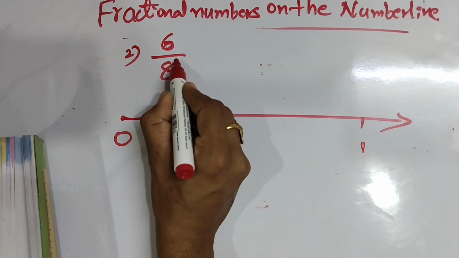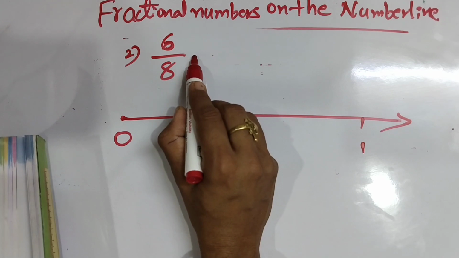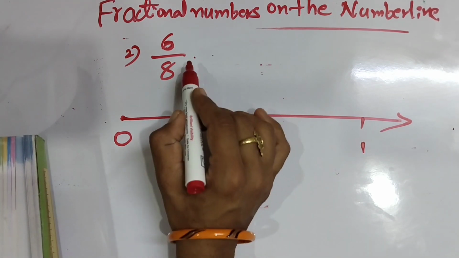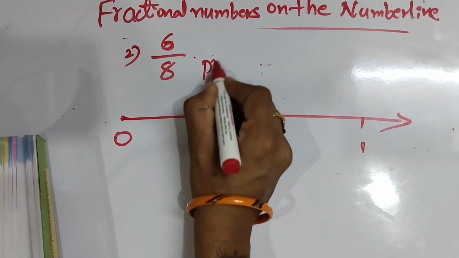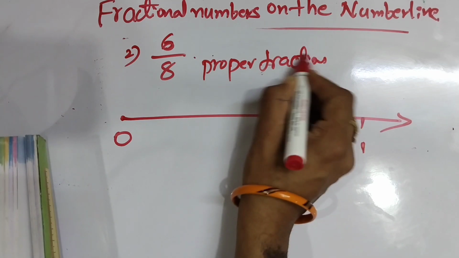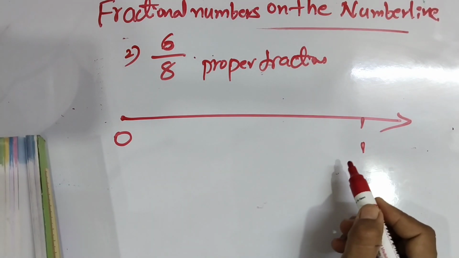At first we have to decide whether this is a proper fraction or an improper fraction. This is the first step. Second step, if it is a proper fraction, then the value lies in between 0 and 1.